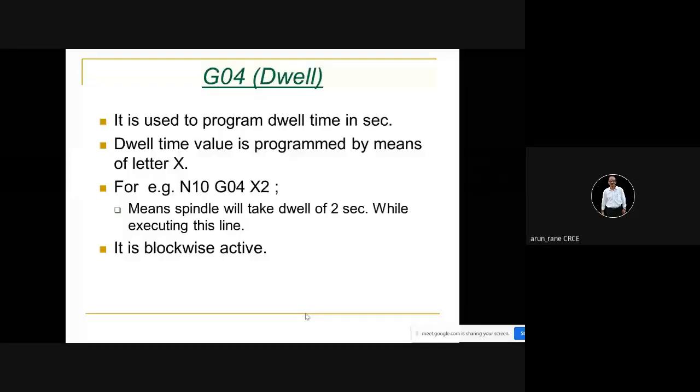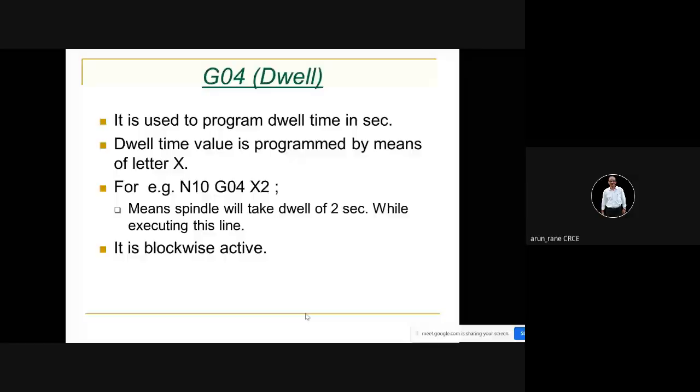Suppose you want G04 to remain active in the next block also, then again you have to give G04 X2. But it is common sense, isn't it, that once you have given G04 X2, it will remain effective for that block only. Next block, definitely you are not going to call G04, you are going to call G01, G00 or something like that, isn't it?